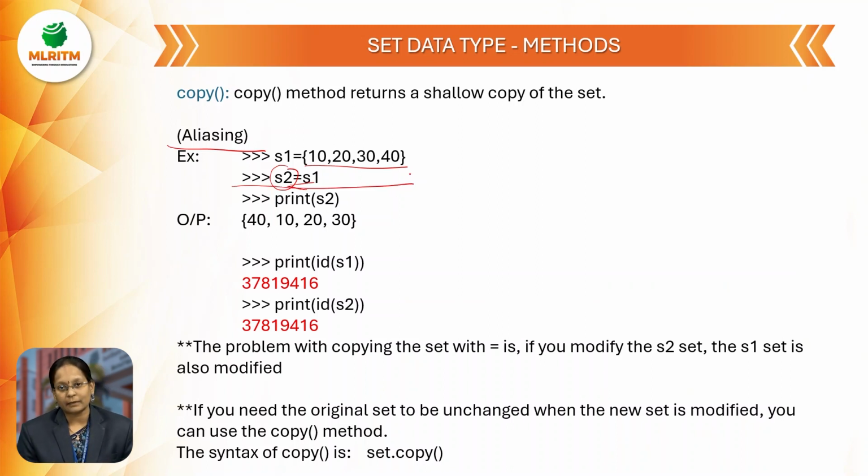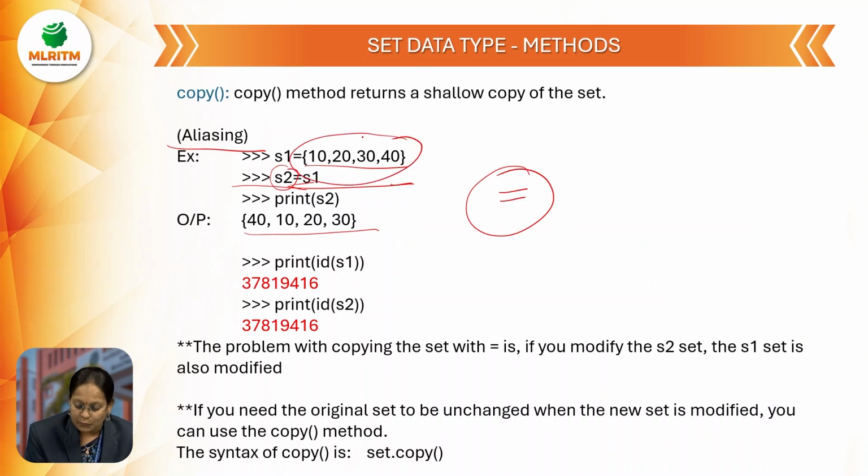Then we print S2. S2 also has the same values 10, 20, 30, 40. But observe that aliasing is a shallow copy. When we use the equal operator, we are only giving a new name to this set S1.